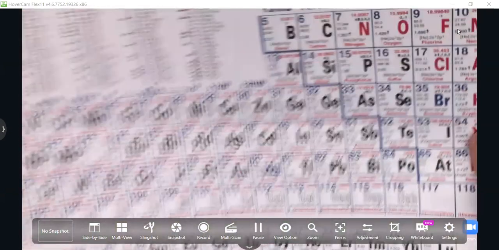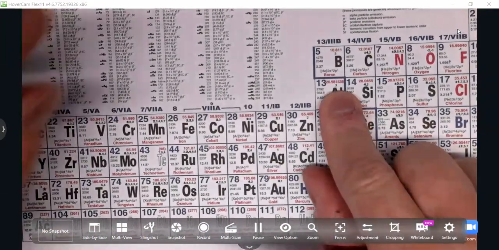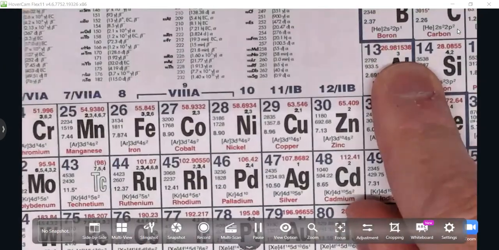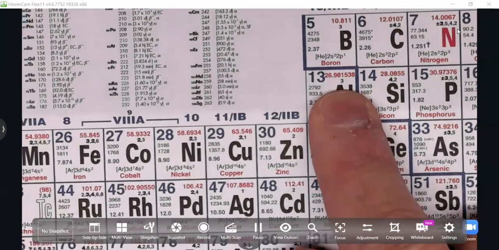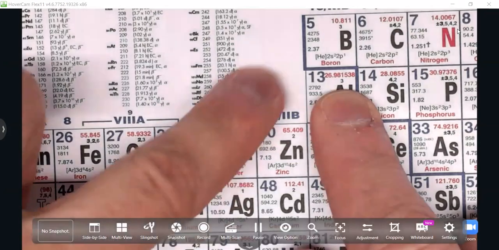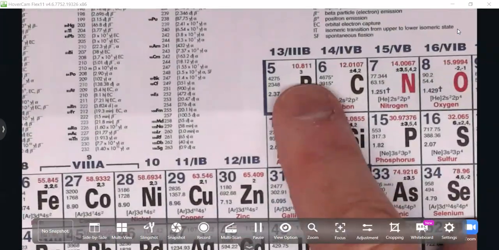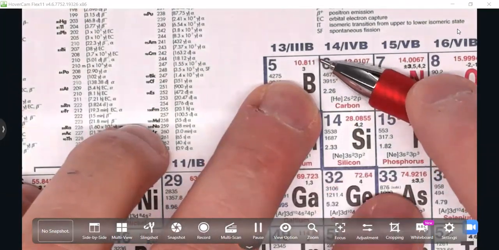We know that if we have 1 mole of aluminum, it's going to be 26.98 grams, right? We get to use all of these numbers. Boron, 10.811 grams.